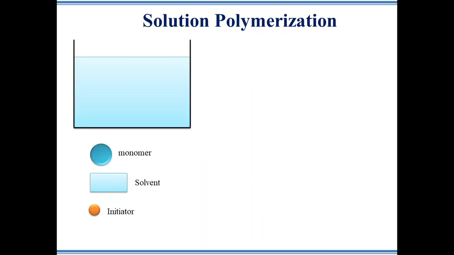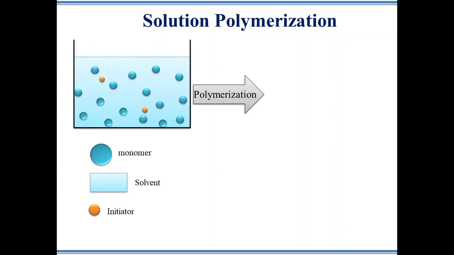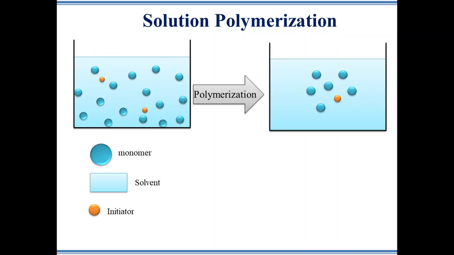Solution polymerization is very similar to bulk polymerization, except the fact that monomer, initiator, and chain transfer agents are dissolved in a non-reactive solvent. So the polymerization steps remain the same. First, monomer is taken, then the initiator is added, and the reaction mixture is heated to initiate the polymerization.